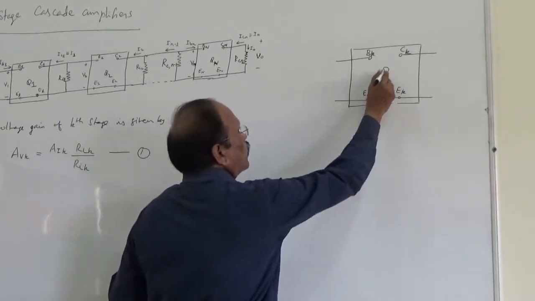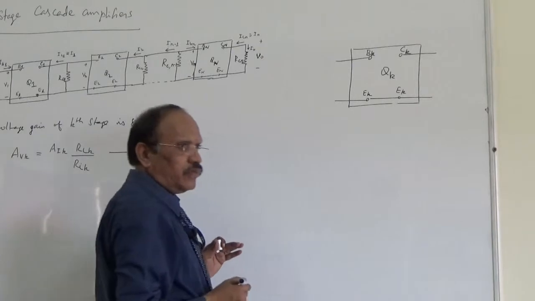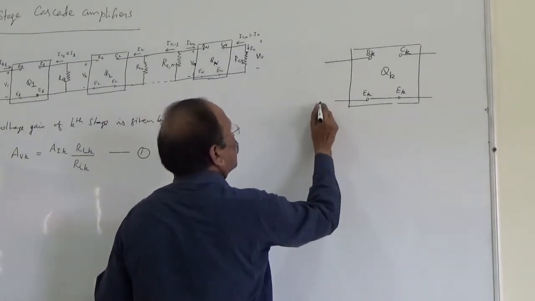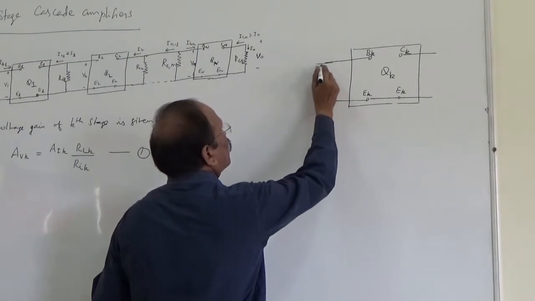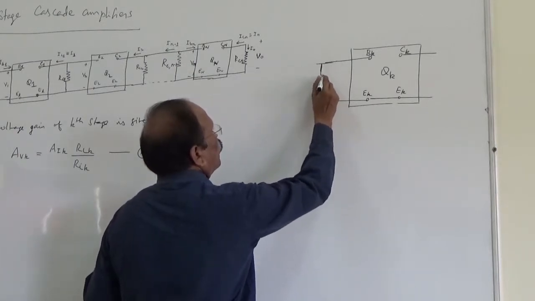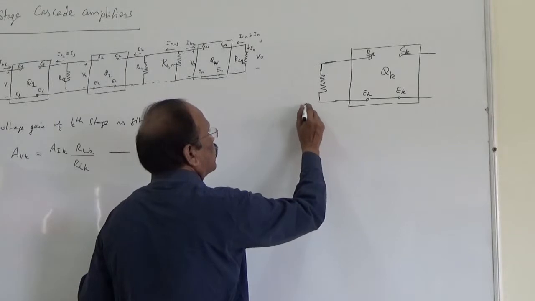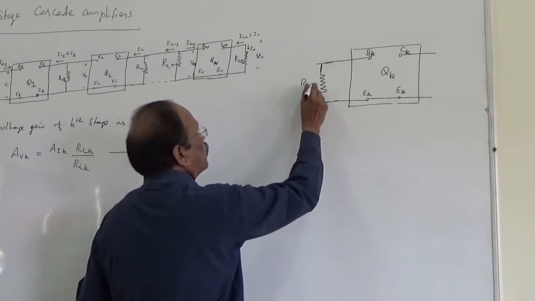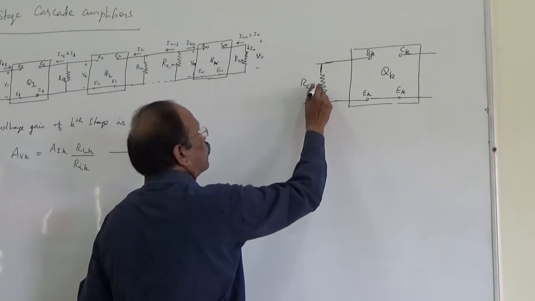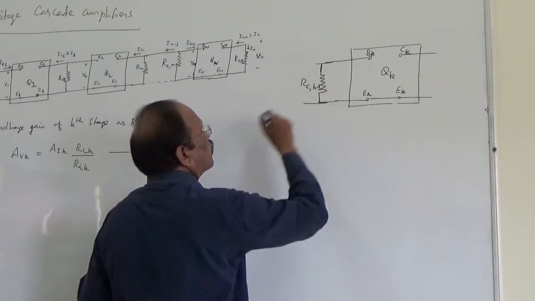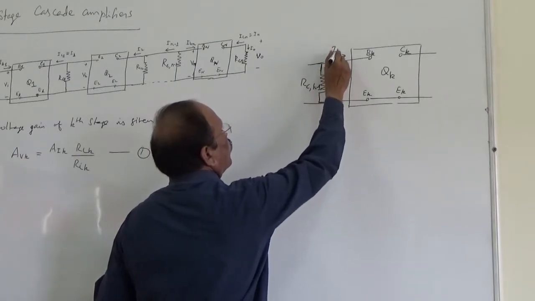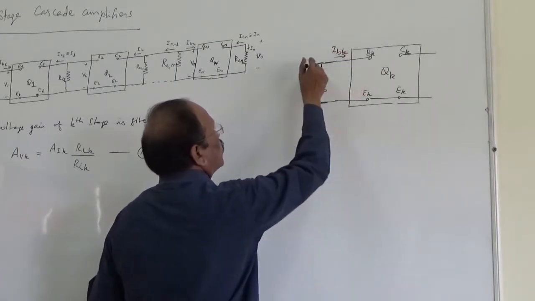So this is the kth stage of amplifier, and you can have the previous load resistor, that is RC K minus 1, so that this will be the current IBK entering into the stage.